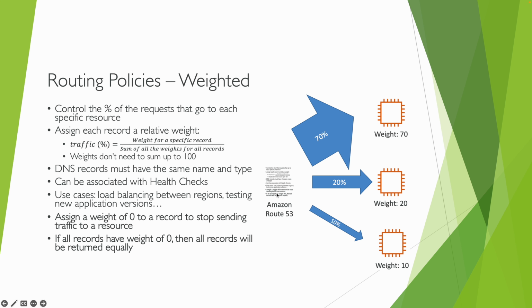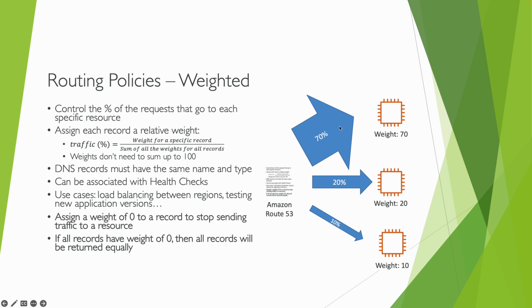Say we have Amazon Route 53 records and I'm creating 3 records here. For the first record I am saying 70% of my traffic must go to this particular instance IP address, 20% of requests go to this instance, and 10% of the requests will be routed to this particular instance.